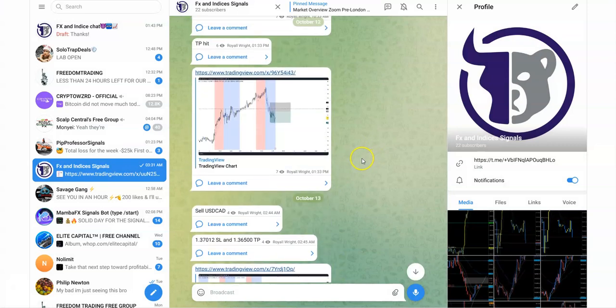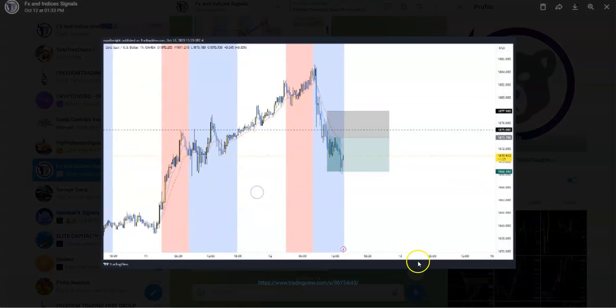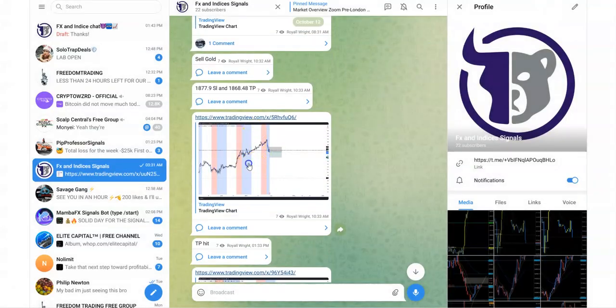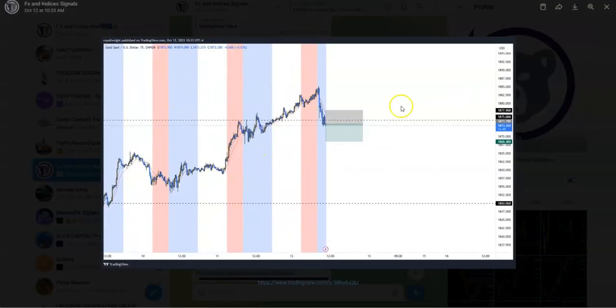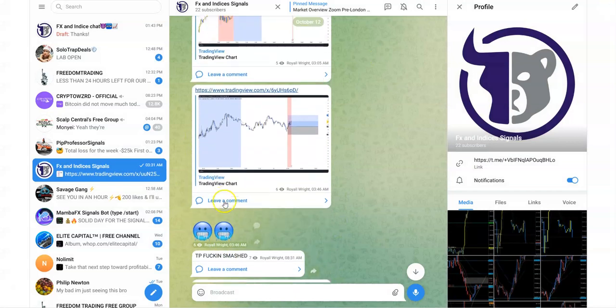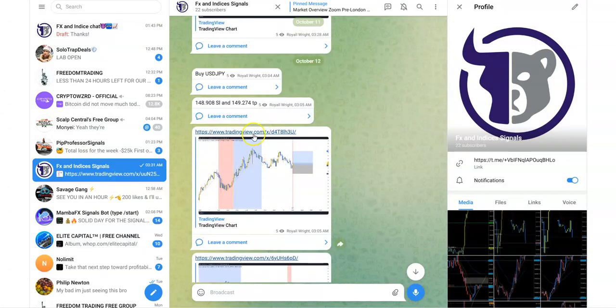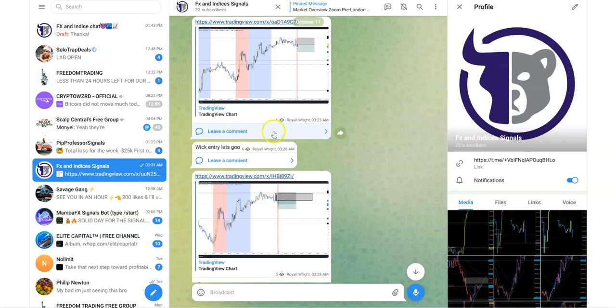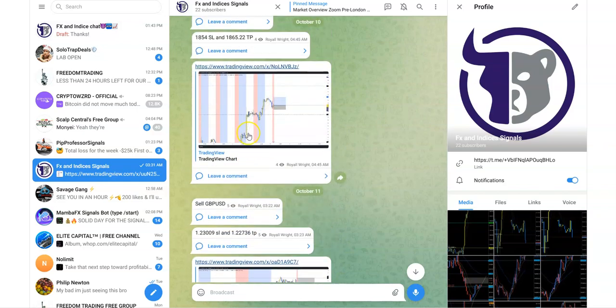This is dropping off. This gold hit TP. It's a clean gold sell, break and retest. TP hit. This is when the trade started. Just a base drop formation off the key level. I mean, all these pretty much TPs hit, wick entries.